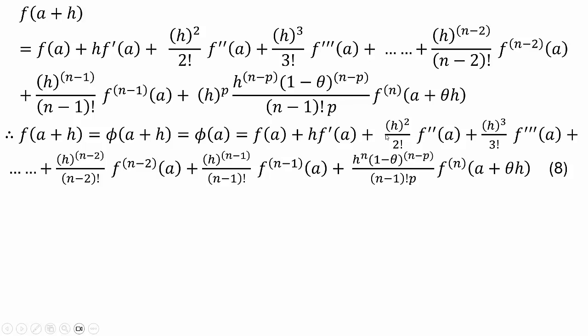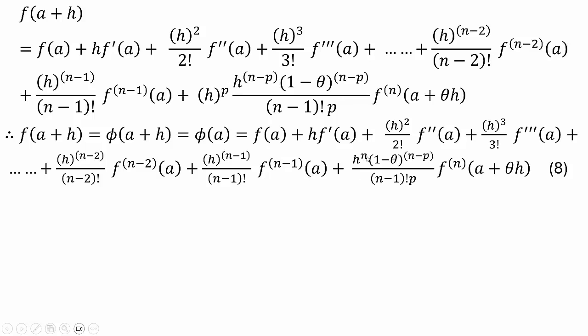Simplifying these terms, we will get f of a plus h equal to phi of a plus h. Phi of a plus h is taken as phi of a, and that is nothing but f of a plus h f dash a plus h square by factorial 2 f double dash a plus h cube by factorial 3 f triple dash a plus so on, h raised to n minus 1 divided by n minus 1 factorial f^(n-1) a plus h raised to n into 1 minus theta raised to n minus p, because h raised to p into h raised to n minus p becomes h raised to p plus n minus p.